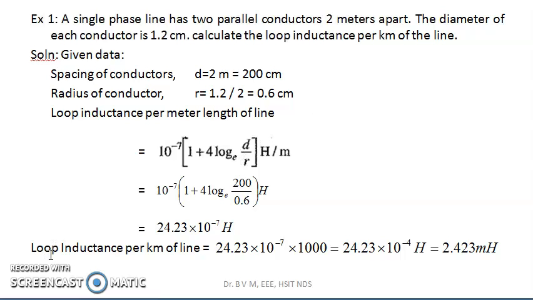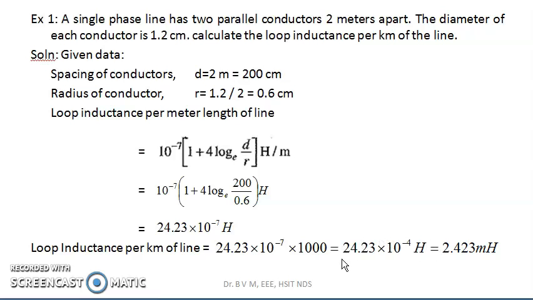So we have to multiply this by 1000. 24.23 into 10 raised to minus 7 into 1000 is equal to 24.23 into 10 raised to minus 4 Henry per kilometer.